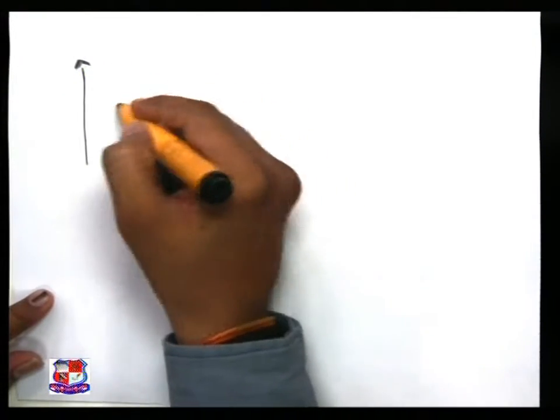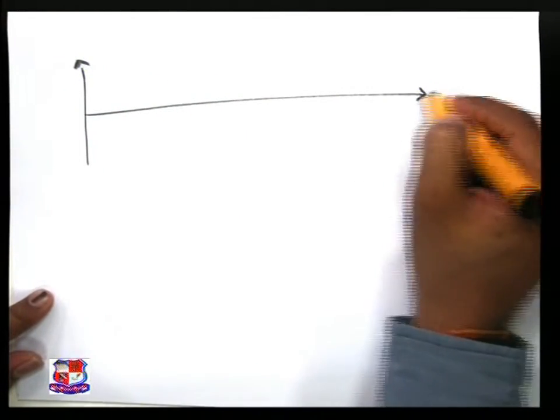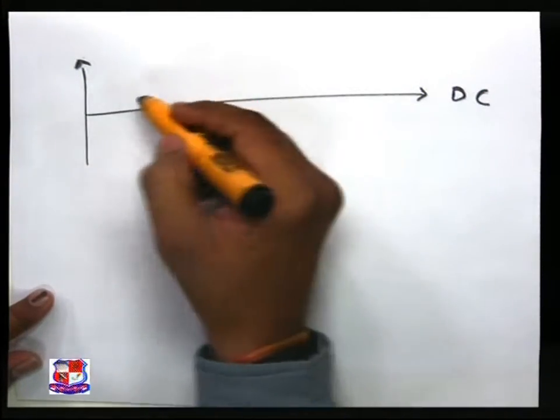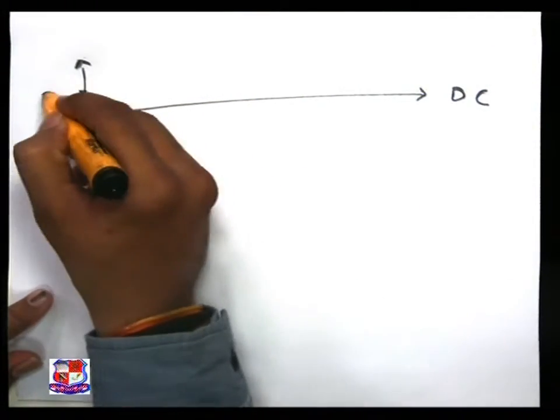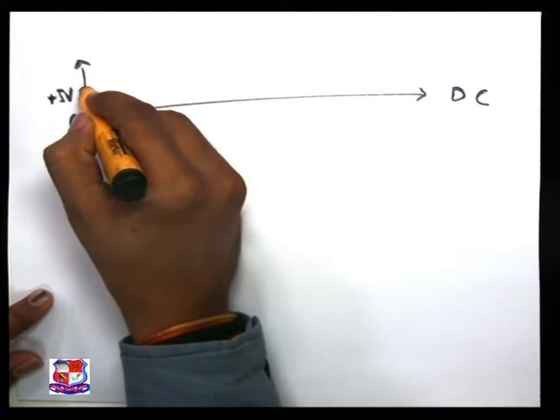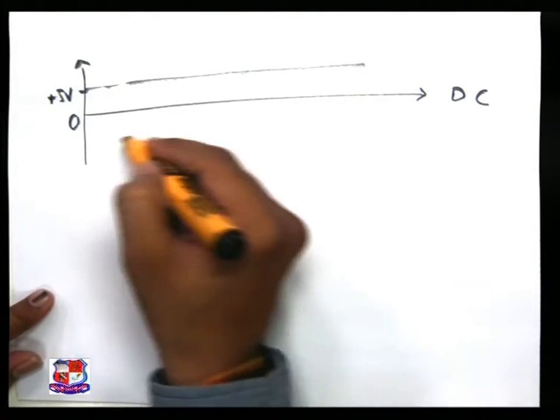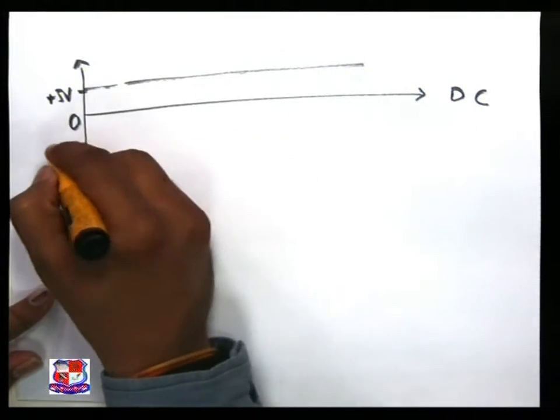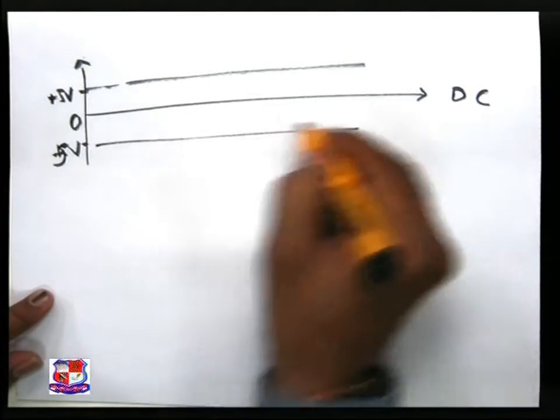First, talking about the DC. It has some level like +5, so it is a straight line, and then -5, which is again a straight line.